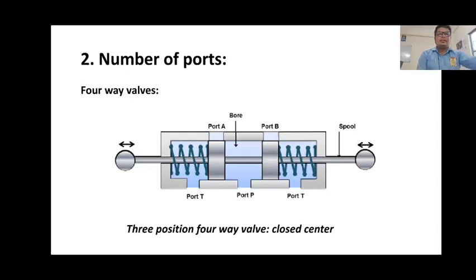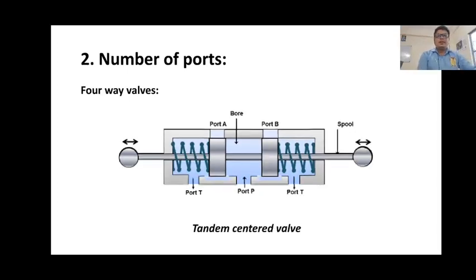Next is the tandem centered valve. The figure shows this, and in a tandem centered three-position four-way direction control valve, the working ports A and B are blocked and the pump port P is connected to the tank port T. This tandem center results in a locked actuator.